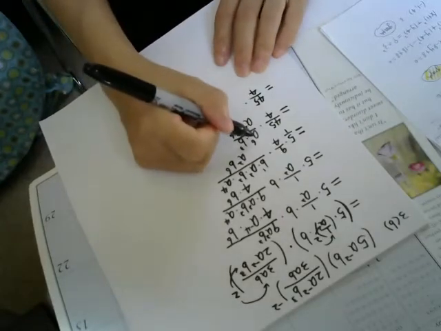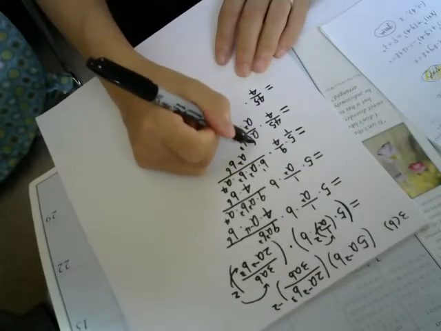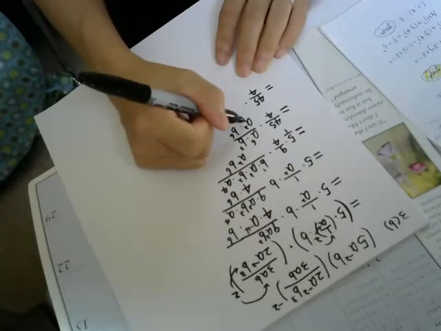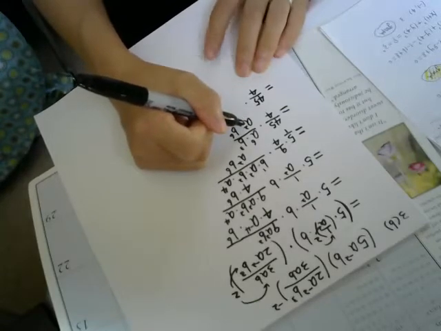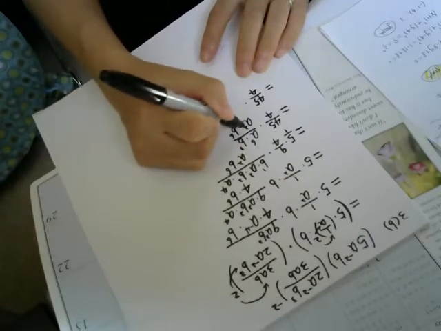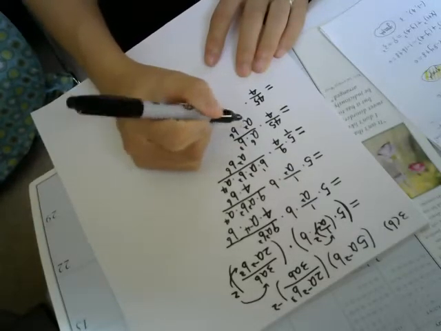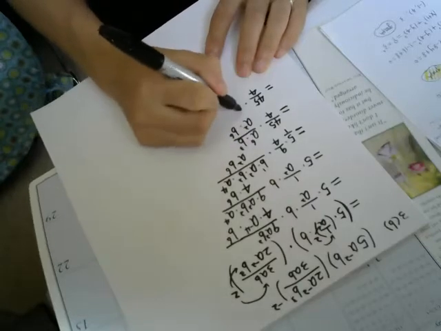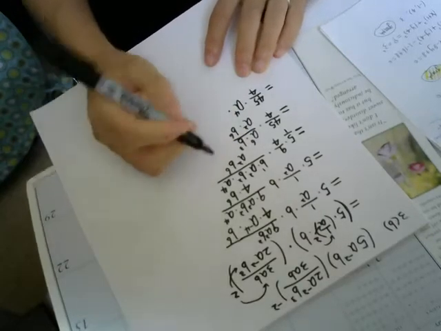Since we have a to the 6th power divided by a squared, we're going to subtract 2 from 6, which is a to the 4th power, okay?